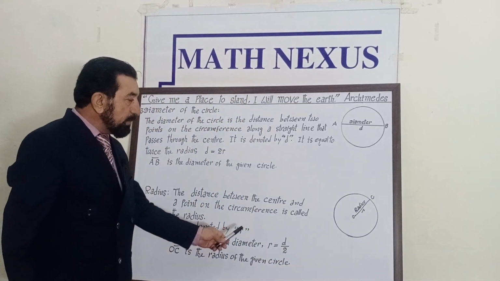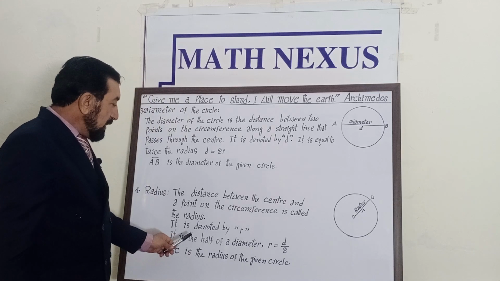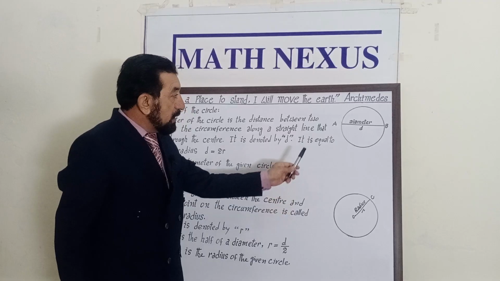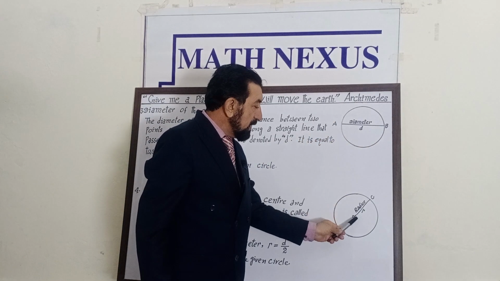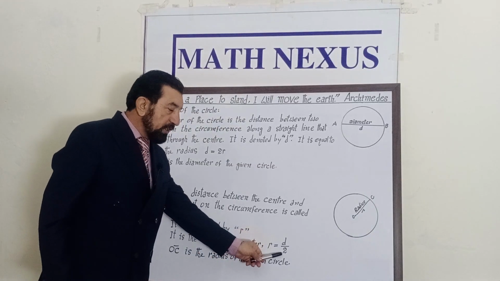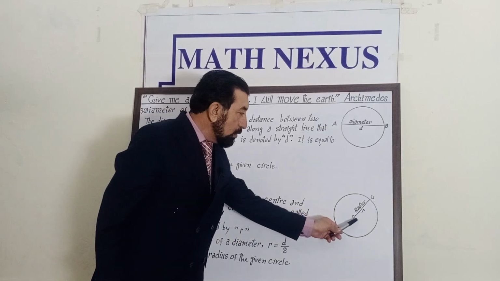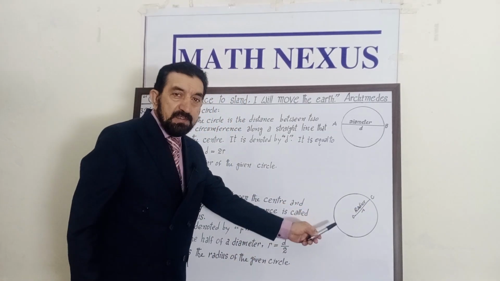Radius is denoted by small r, and it is half of the diameter. This is diameter, and half of the diameter is called radius. R equals D upon 2. OC is the radius of the given circle.